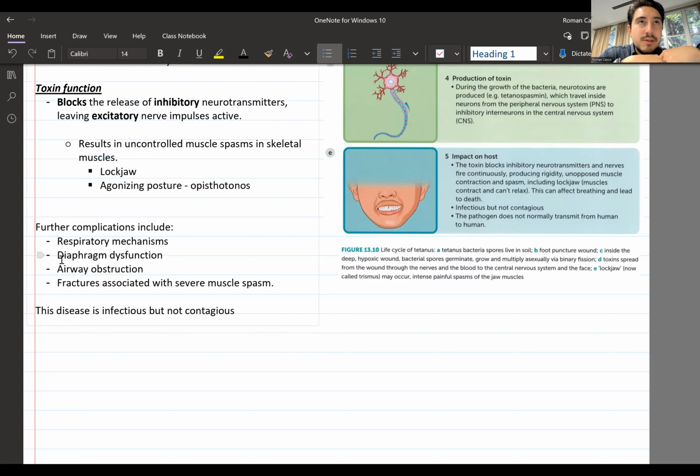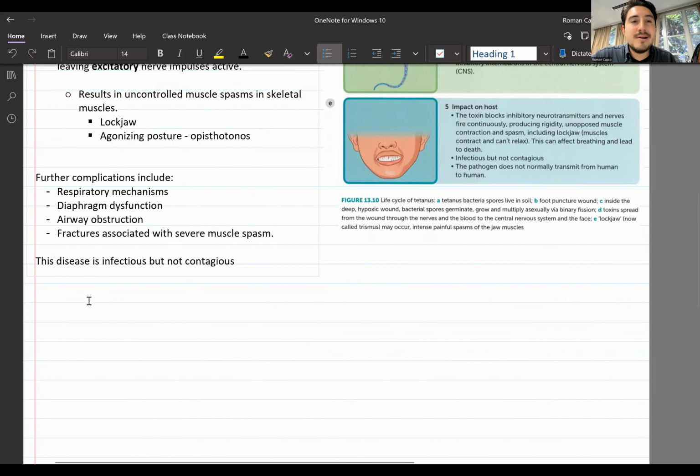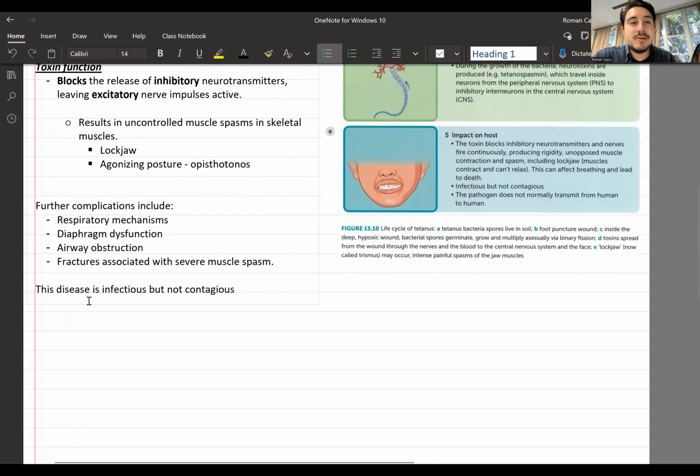So you have severe difficulty breathing. In situations where the neurotransmission is so intense, just from the power of your muscles, you can actually fracture some of your bones. That's how severe this type of disease can be.